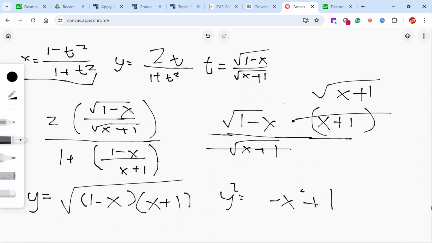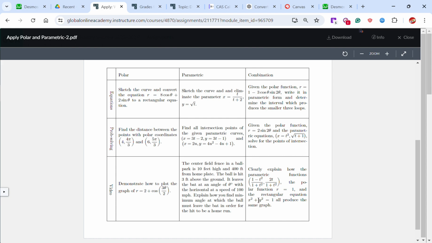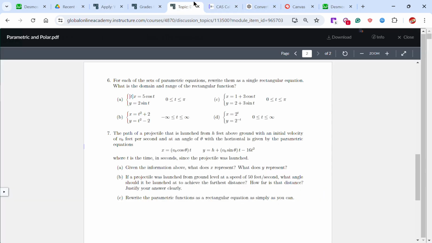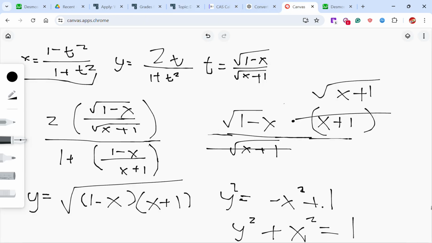It's complicating everything. Now it's gone. So now, if we just move x over, we have the original equation, x squared plus y squared equals 1. We just showed that this is equivalent to it.